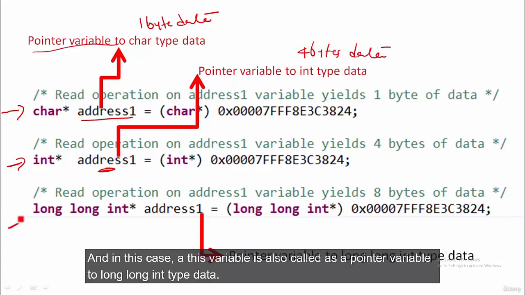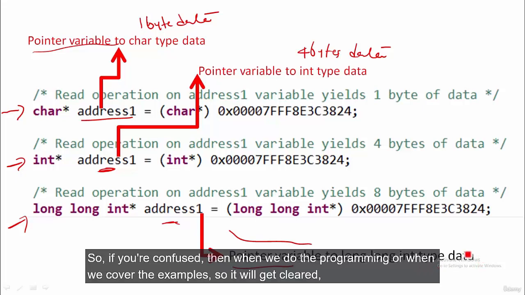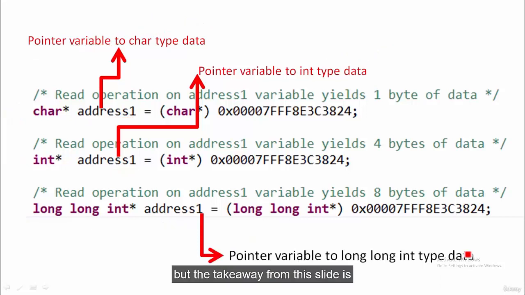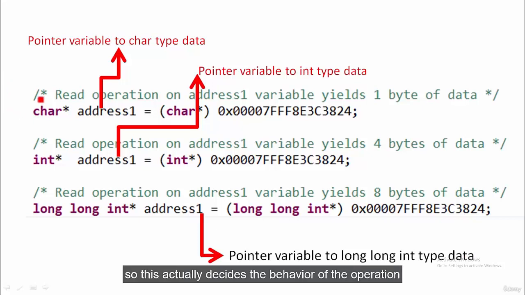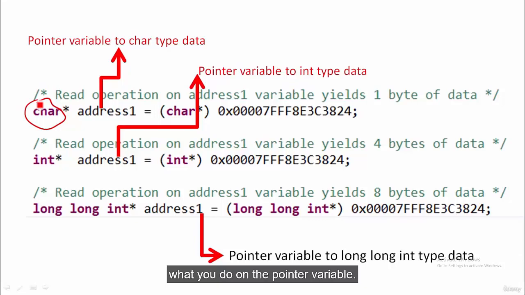And in this case, this variable is also called a pointer variable to long int type data. If you are confused, then when we do the programming or cover the examples, it will get clear. But the takeaway from this slide is that this decides the behavior of the operation you do on the pointer variable.